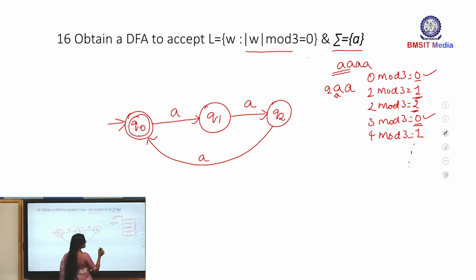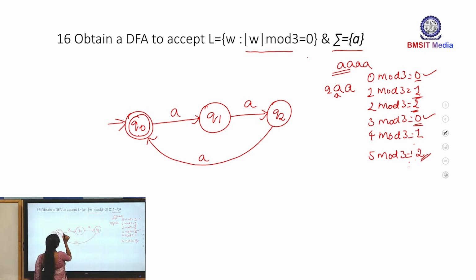Now suppose I have 5 mod 3. This will give me 2, so when I do the transition, I should end at state Q2. Let's see this.